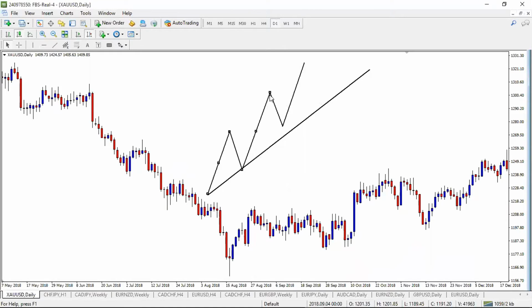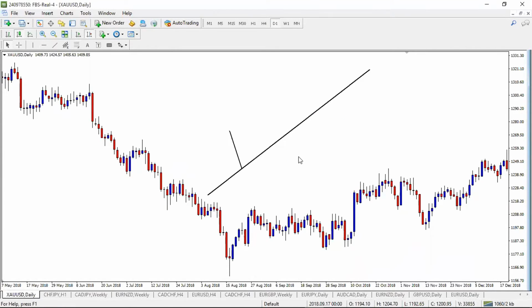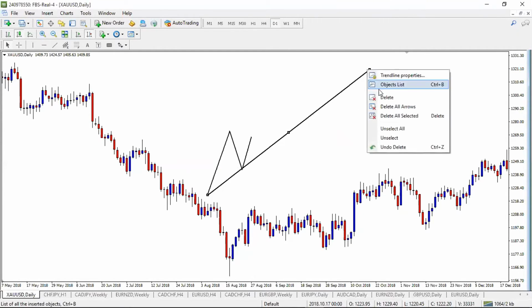If you have something like this, you don't have this. So if you have something like this, it is not a valid trend line.